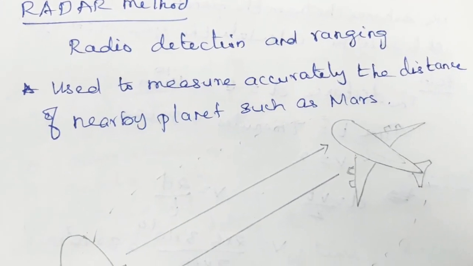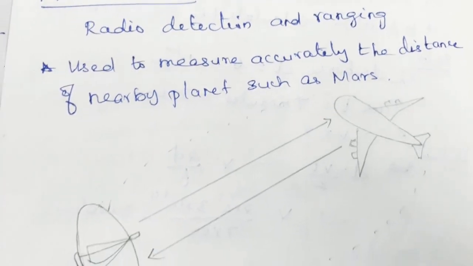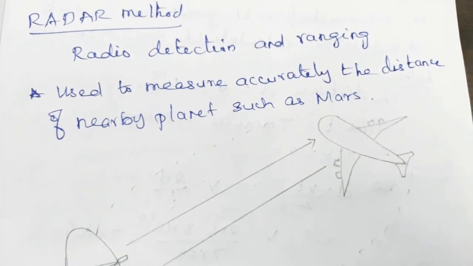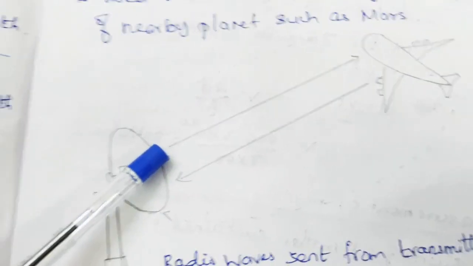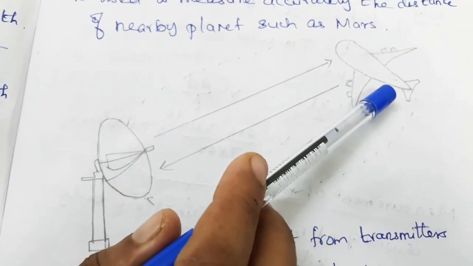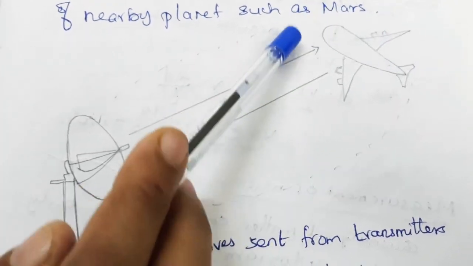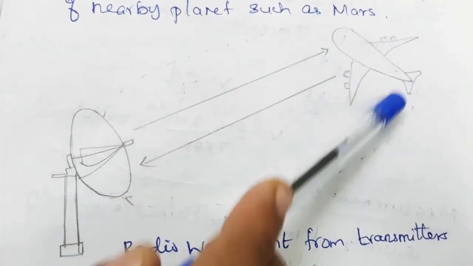How is the radar signal used? Consider this is the transmitting station from the earth and this is the Mars, planet Mars. Here I have drawn an aeroplane like a target.